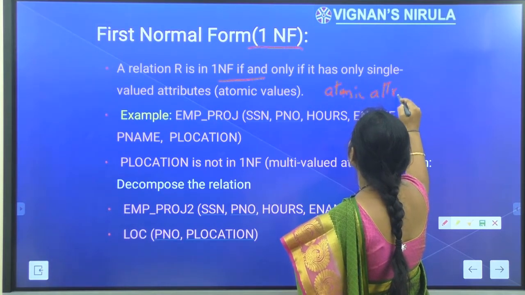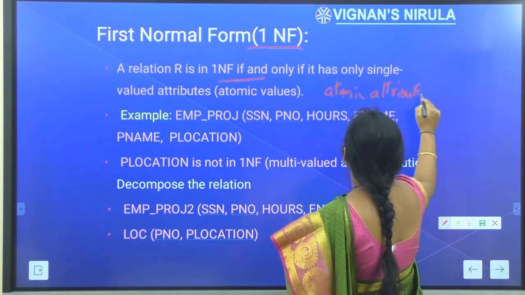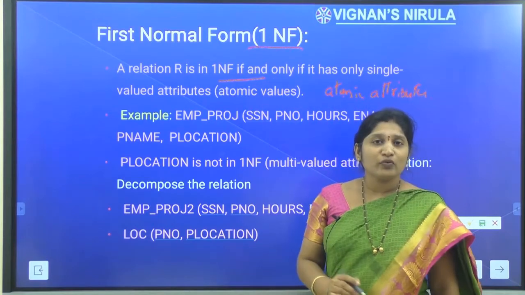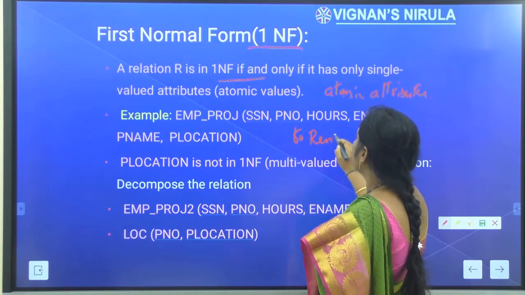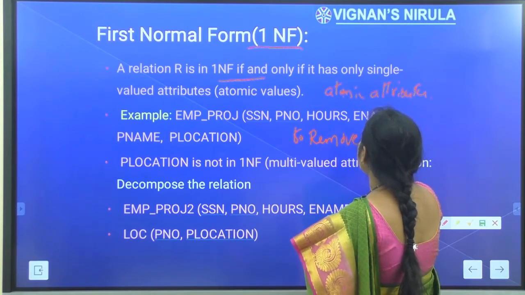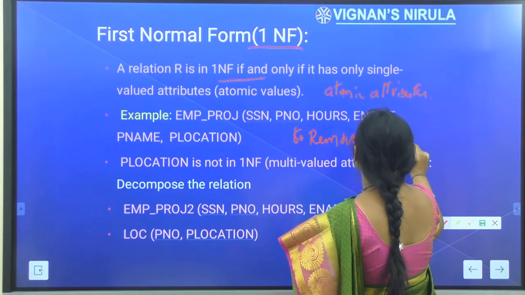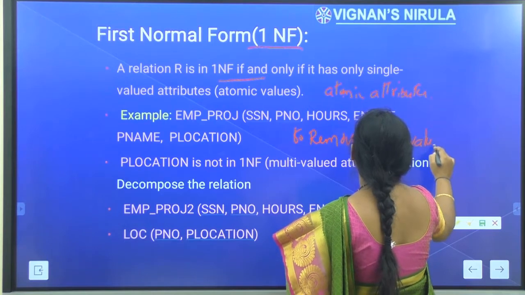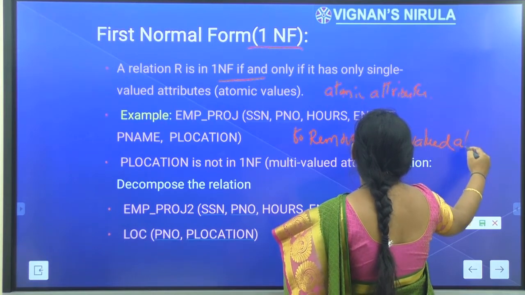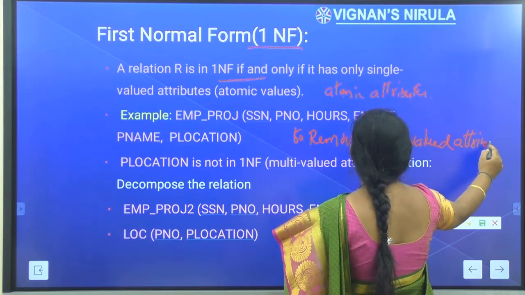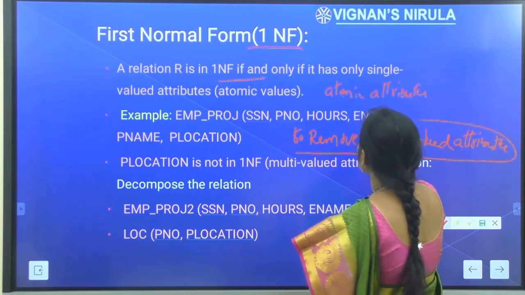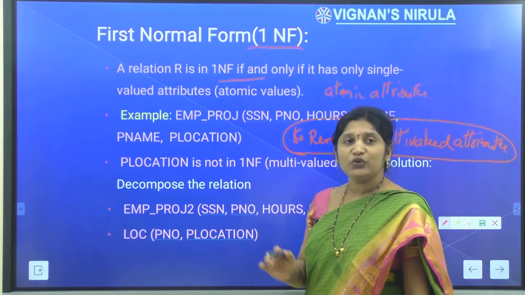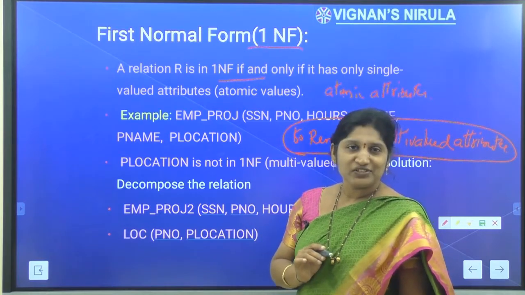The main aim of 1NF is to remove multi-valued attributes in your relation.